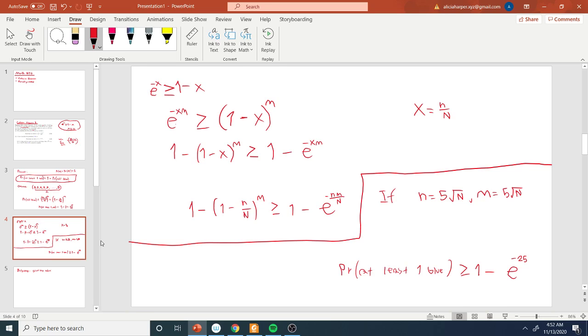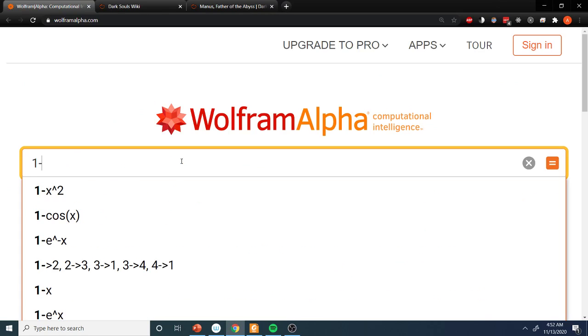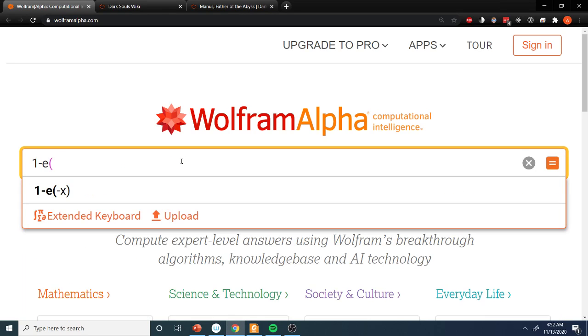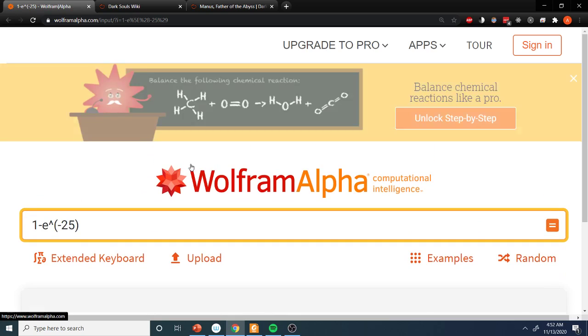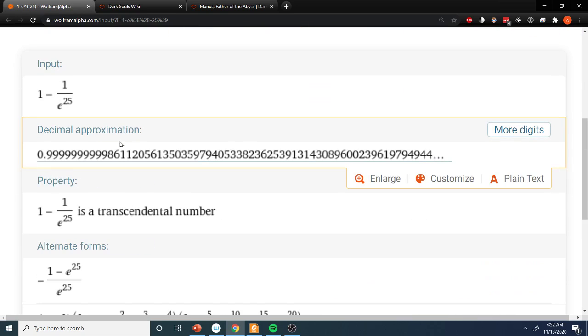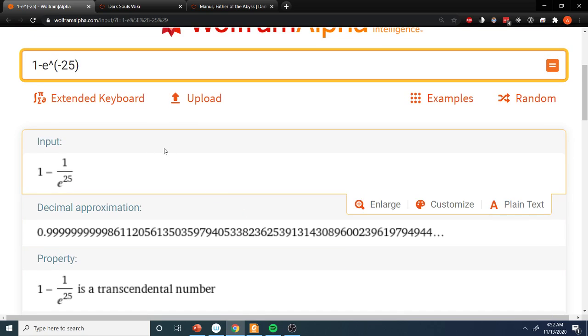Now e to the negative 25 is a very, very small quantity. In fact, we can go to Wolfram Alpha and see 1 minus e to the negative 25. As you can see, this is very, very close to 1, which means with extremely high probability, you're going to find a match.